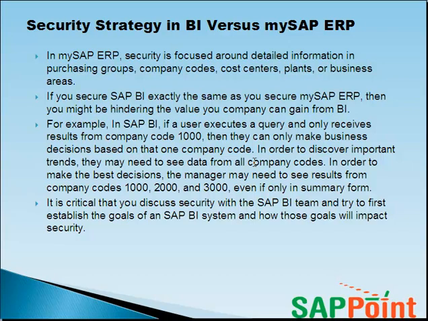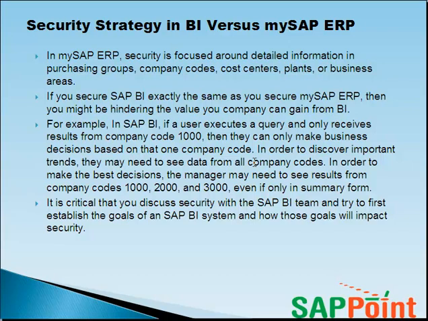In the ERP system, the R3 system, like we said, security is more focused on detailed information in company codes, purchasing groups, cost center plans, etc. Now if you secure the BI system in the same way as you secure the R3 or ECC system, then you're defeating the purpose of the BI system, because we know the BI system is for analysis, and if you don't give enough access to the data in the BI system, proper analysis cannot be performed.